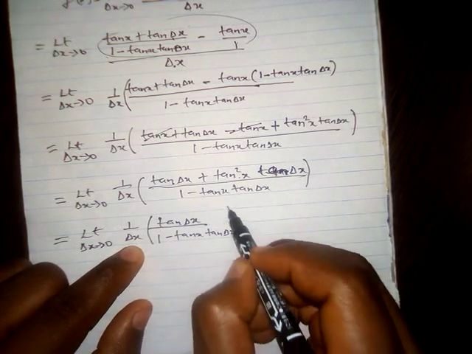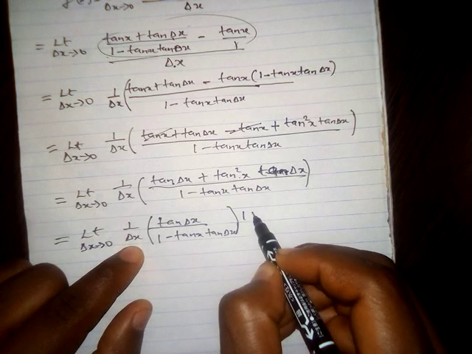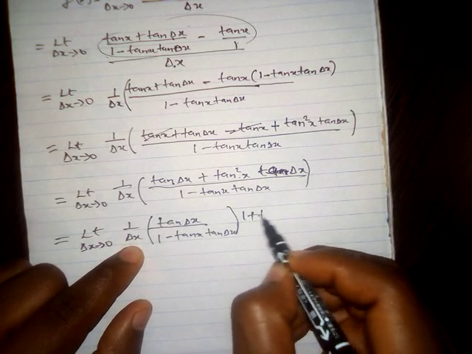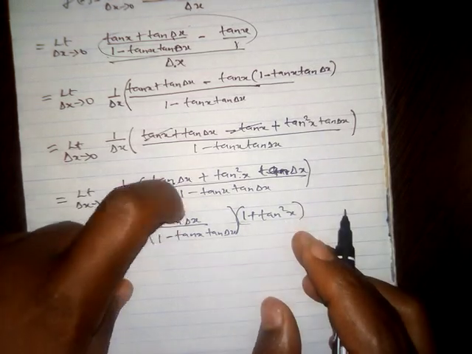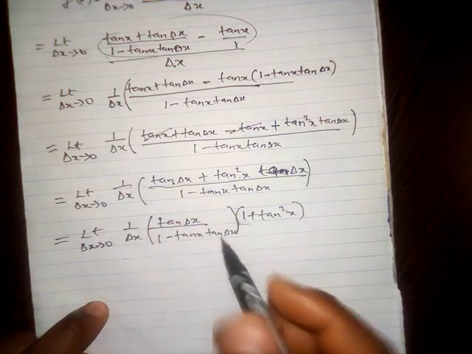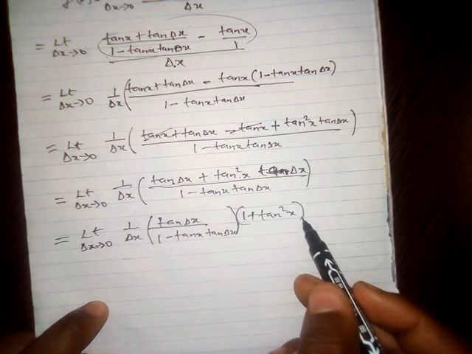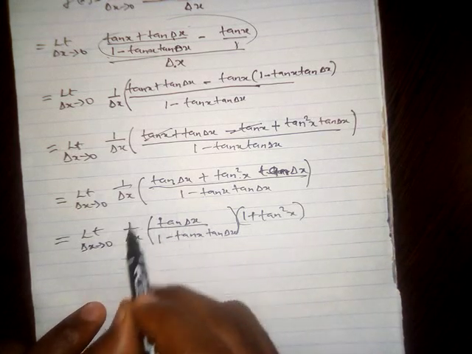Okay, now what we are left with is 1 plus tan square x. I factorized this one out. The reason why I factorize this one out is so that I will leave 1 plus tan square x outside, so that I'll be able to apply the limit on this.